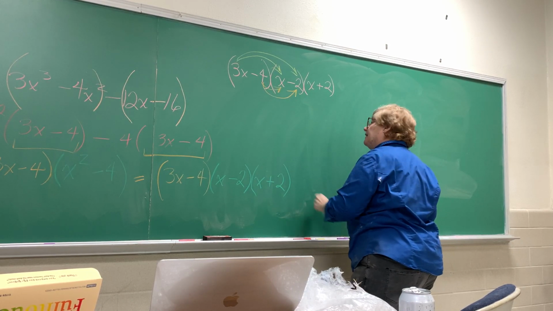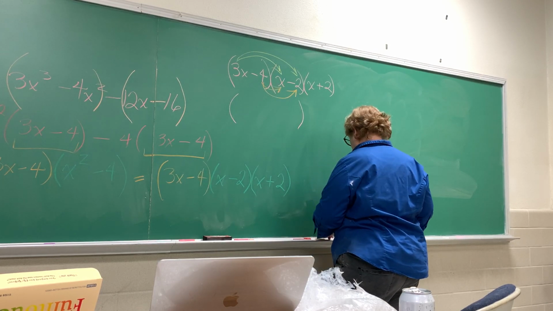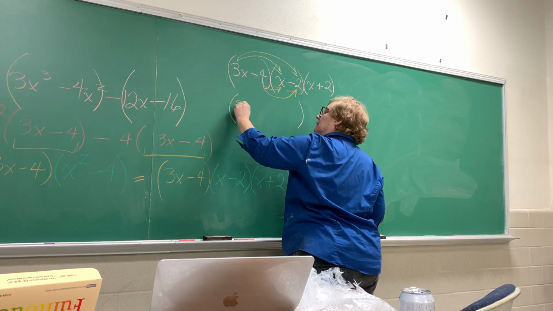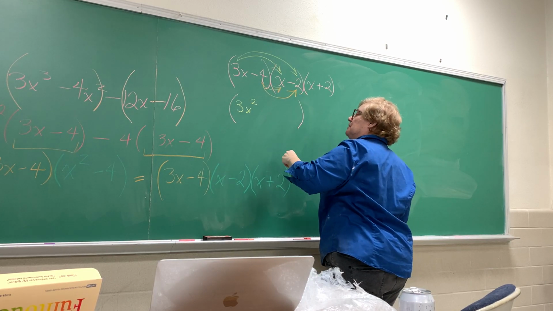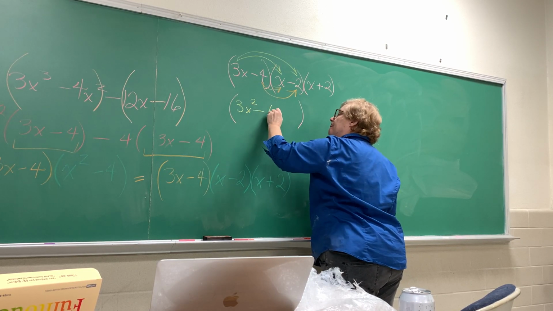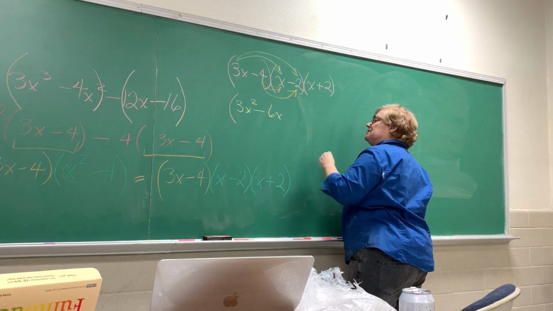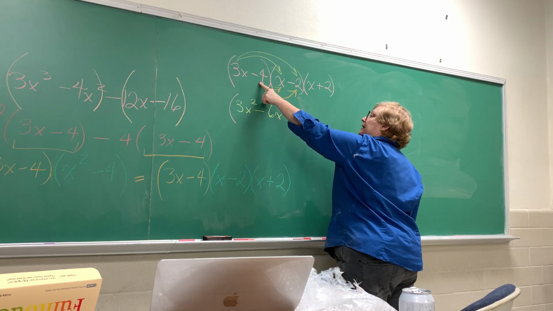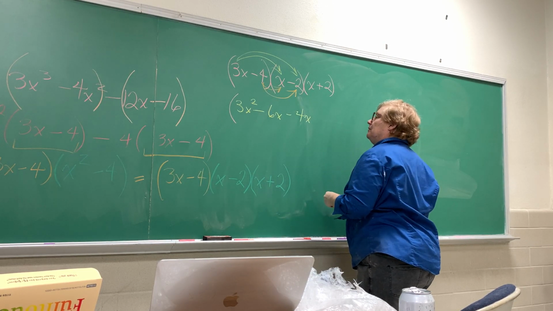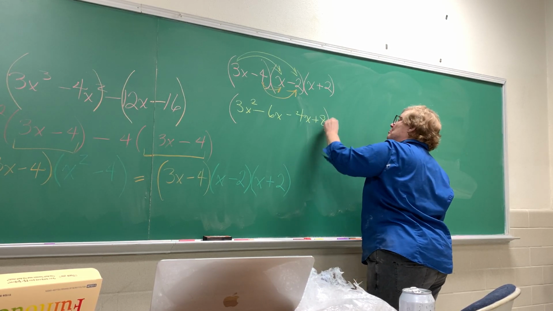So let's see. 3x times x, 3x times negative 2, negative 4 times x, negative 4 times negative 2, plus 8. Good.